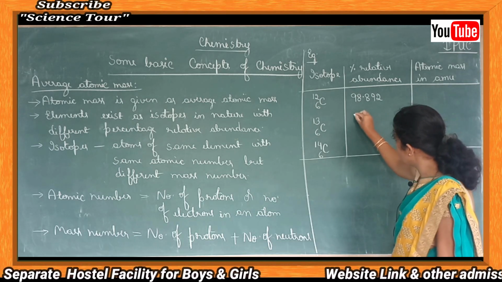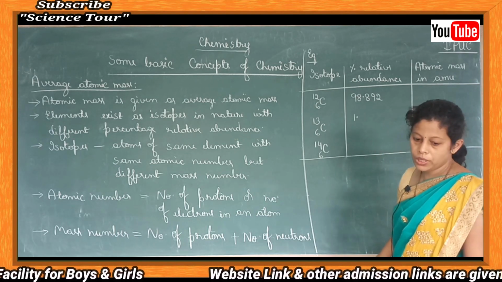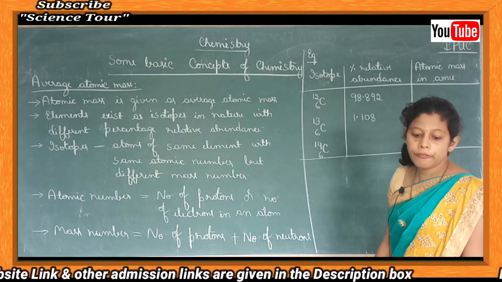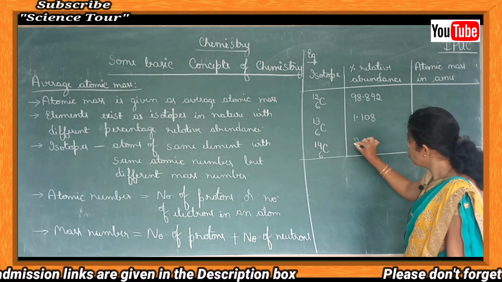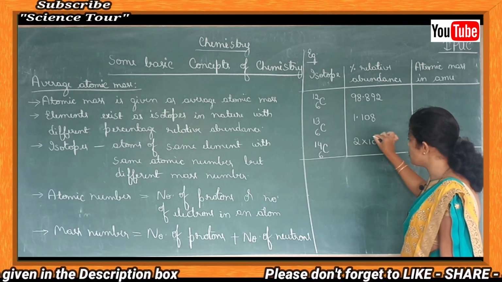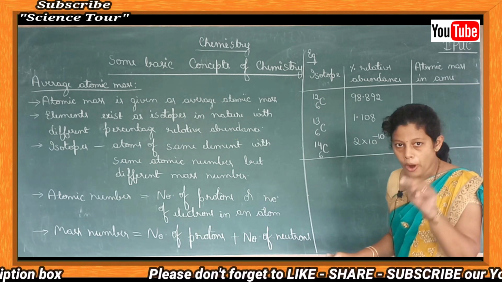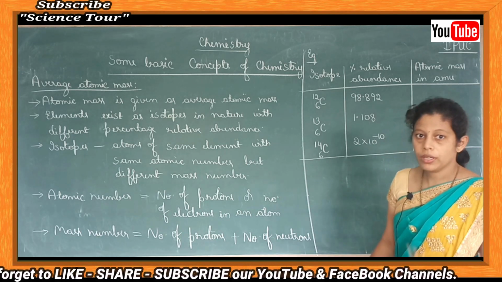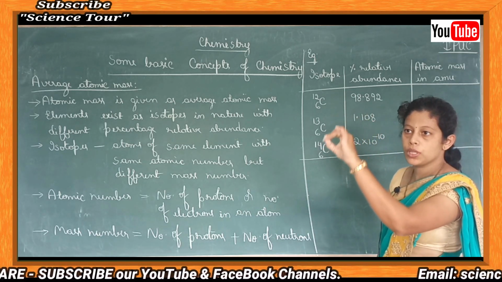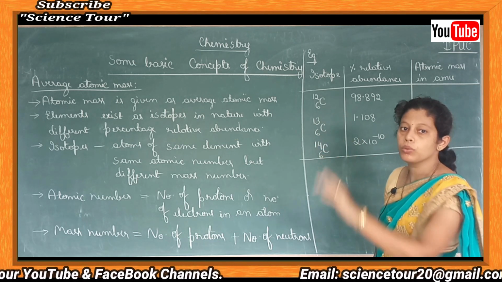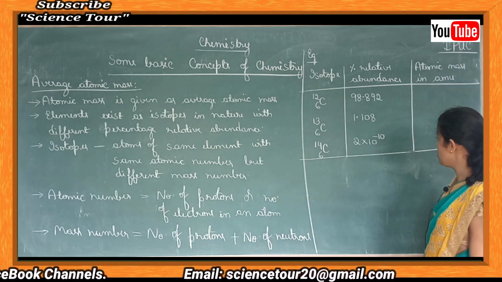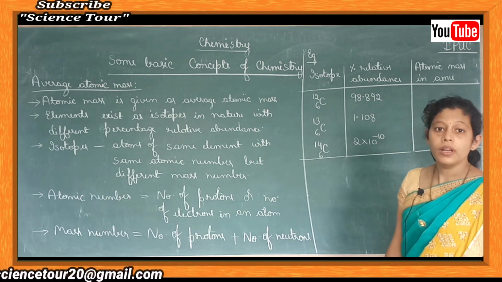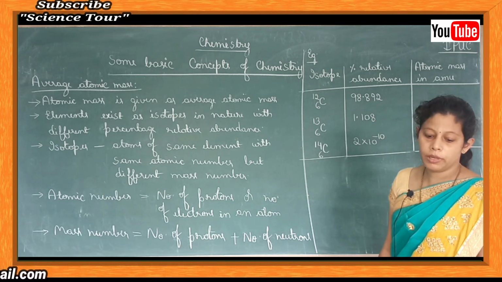For carbon 13 it's given as 1.108. For carbon 14 it is given as 2 into 10 to the power minus 10, that means 0.000000002. These are the percentage relative abundances of carbon 12, carbon 13, carbon 14.